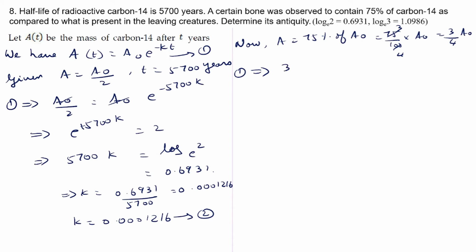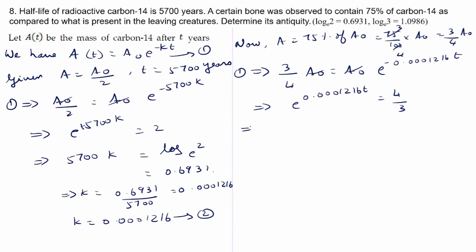1 implies 3 by 4 A naught equal to A naught into e raised to minus 0.0001216 t. A naught and A naught will cancel. Let us cross multiply. If we cross multiply, we get e raised to 0.0001216 t equal to 4 by 3. Let us take log on both sides.